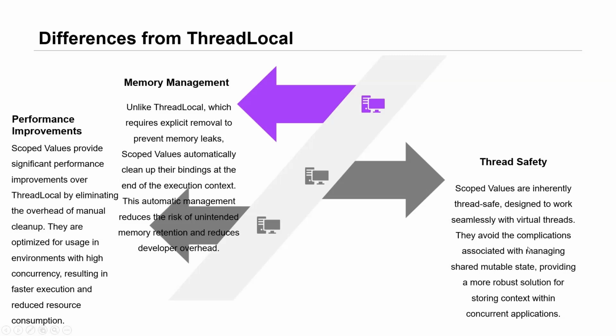They avoid the complications associated with managing shared mutable state, providing a more robust solution for storing context within concurrent applications. Okay, so this is the difference from the ThreadLocal if we talk about scope values.